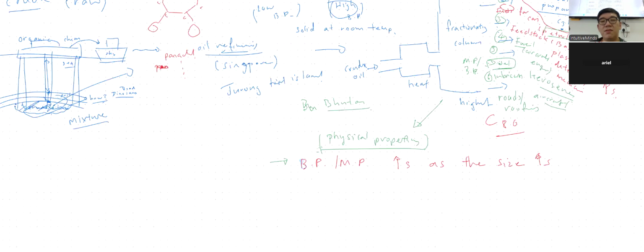Then it's important to understand the reasoning. Why? So as molecular size increases, sometimes it's good to write short form as you're making your own notes. I always try to summarize it in as few words as possible so that I don't have to think so much.